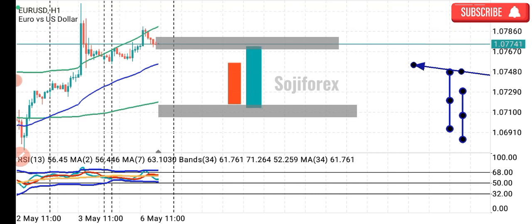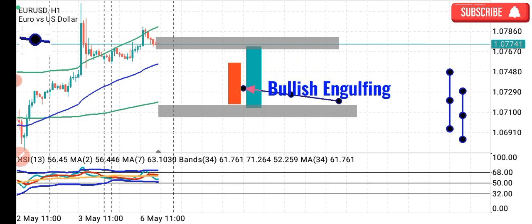So here is a typical example of a bullish engulfing candlestick pattern. This is a bearish candlestick, and immediately after it you now have a bullish candlestick pattern. It is a candle that covers completely the body of the previous candle, which, let's say, has been coming in a downtrend.